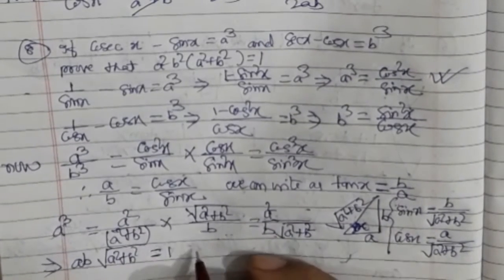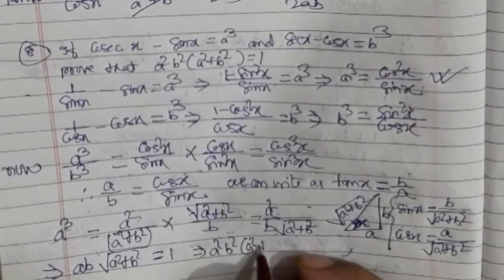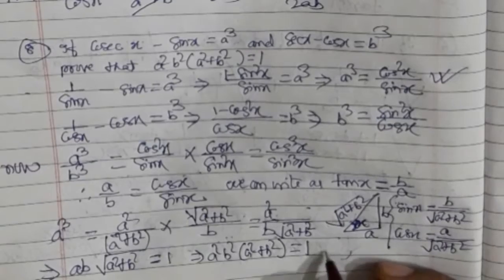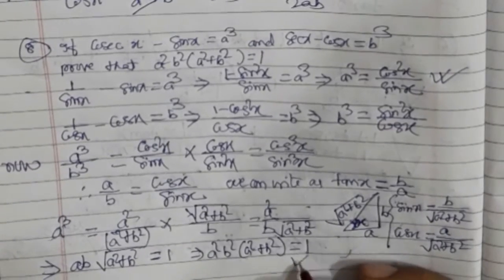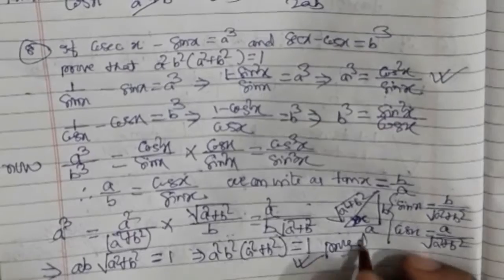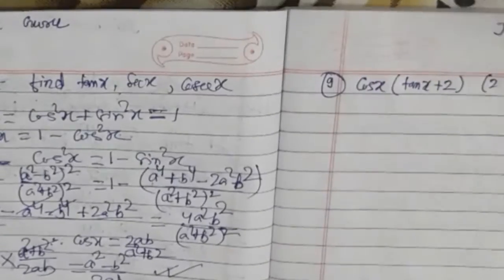Squaring both sides we will get a square plus b square. We have proved this one, hence proved. Now come to next question.